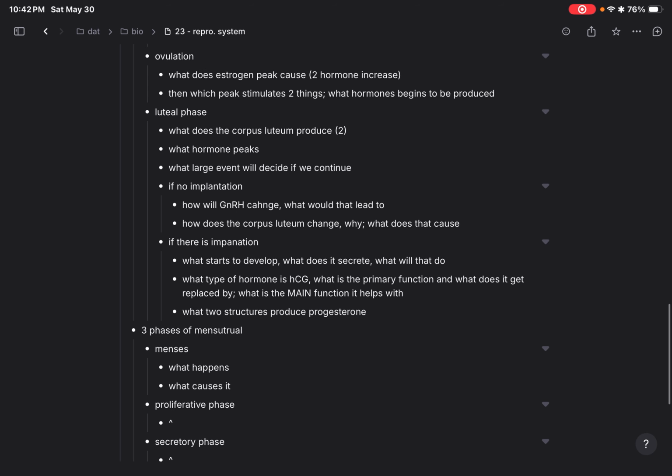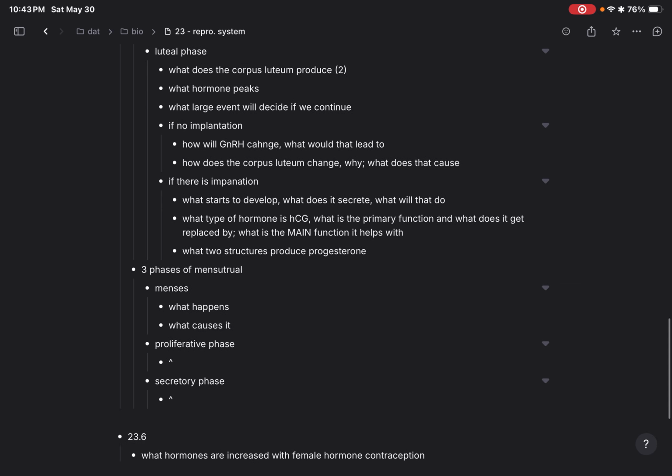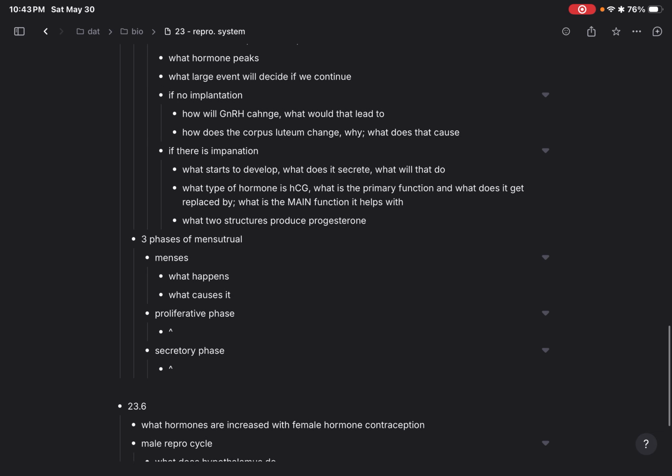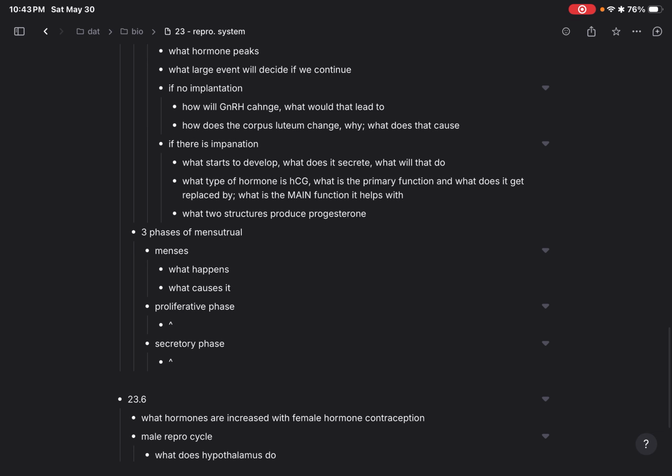It'll be luteal with no implantation. So you would have low LH, low FSH, low everything. You're going to have no corpus luteum, so low levels of everything, and then you're going to shed it. Then the proliferative phase, that'll be when you restart the cycle.